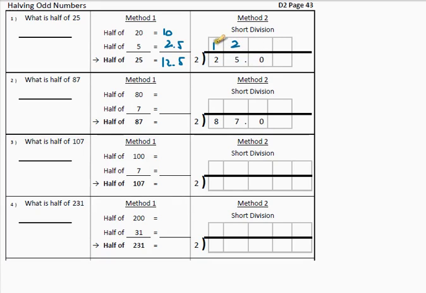2. Remainder 1. Now, people will say the answer is 12 remainder 1. That is okay for when you learn division, but usually we don't like to talk about 12 remainder 1. That is just for when you're in primary school and you haven't done decimals yet.